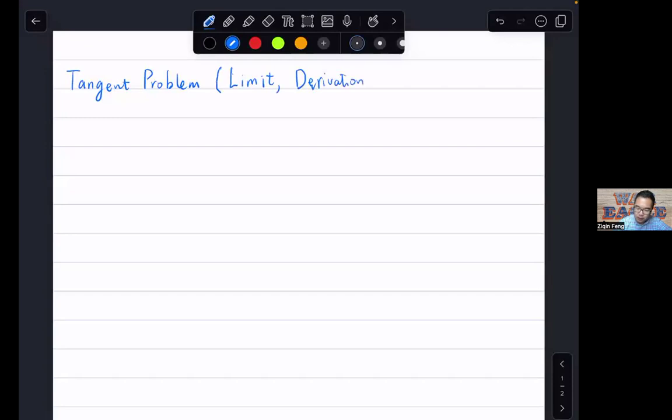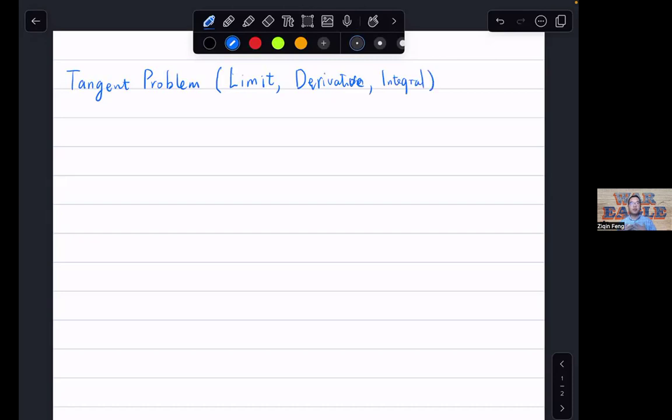And the third one is integral. Those are the three key concepts of calculus 1, calculus 2, and calculus 3. They have many applications. So why do we introduce limit, derivative, and integral?